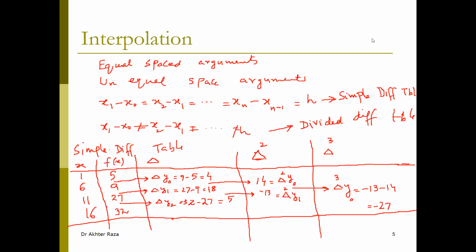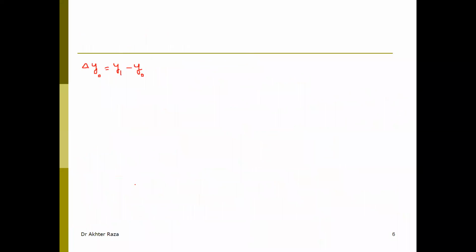Now come to how these deltas are calculated. Delta y naught is computed by y1 minus y naught, and delta y1 is computed by y2 minus y1. In simple terms, delta y naught is described as y1 minus y naught, and we can also represent this by fx1 minus fx naught, because y and fx are the same. y is equal to fx.